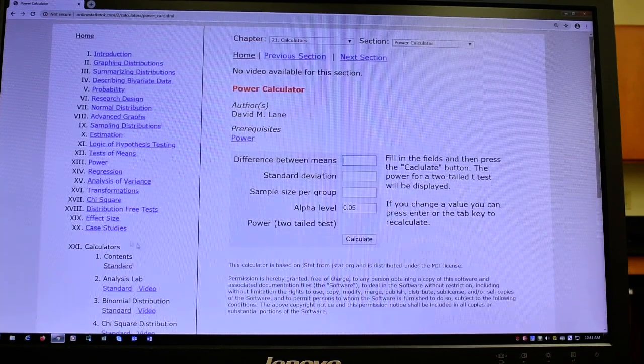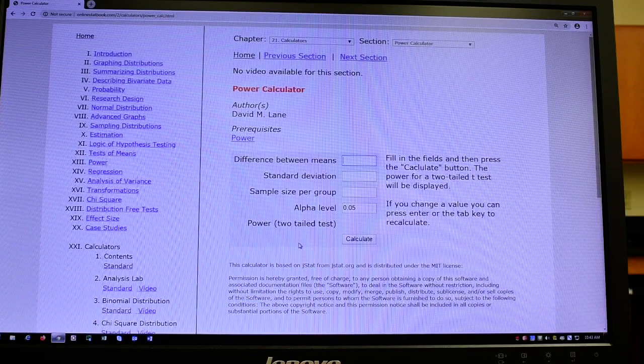All right, so I'm just going to show you the way this looks. You might use this when you're working with a difference between means. Now, the way this particular calculator is set up, it only works if you have equal sample sizes. So you would put whatever you think the estimate between means is.